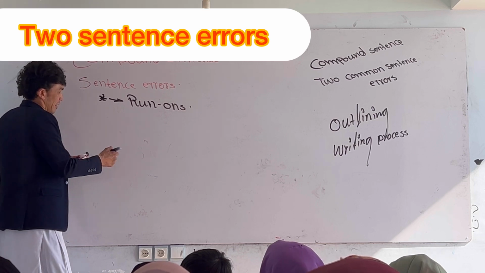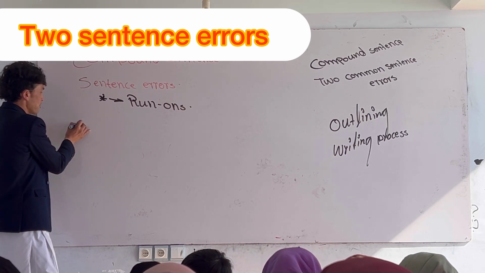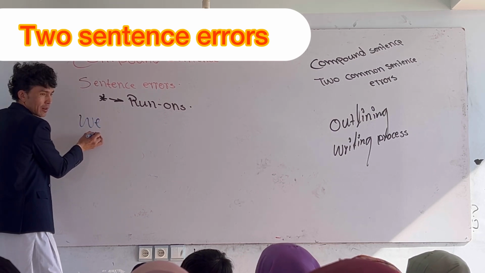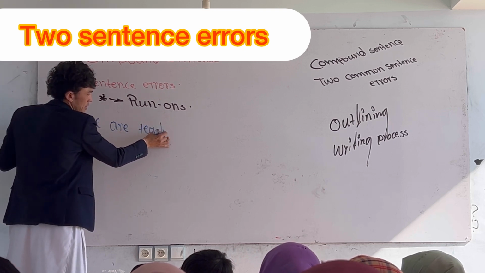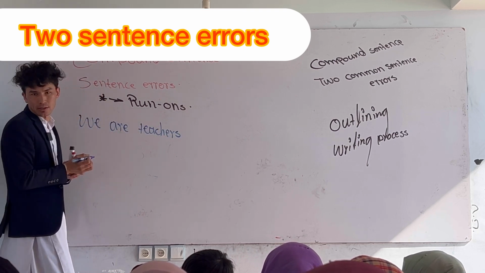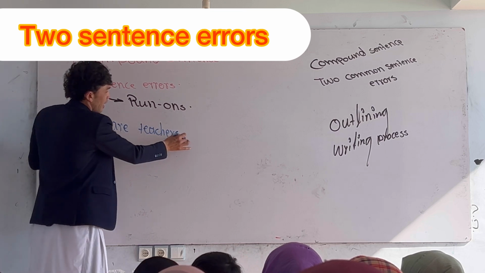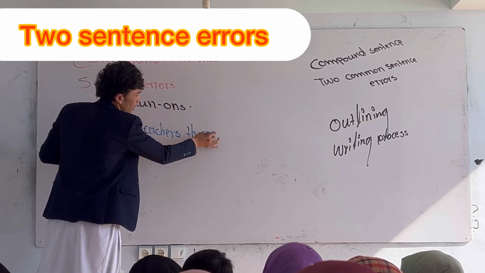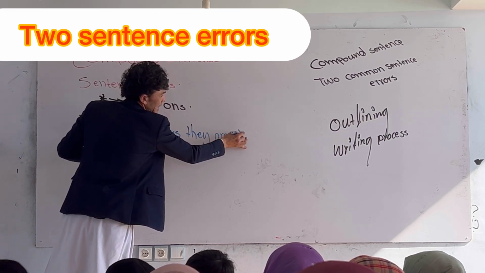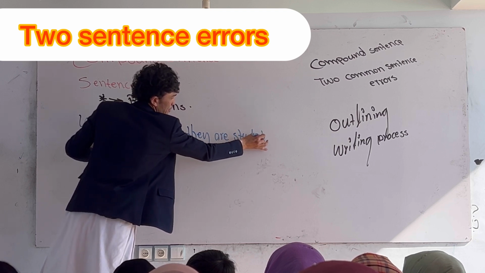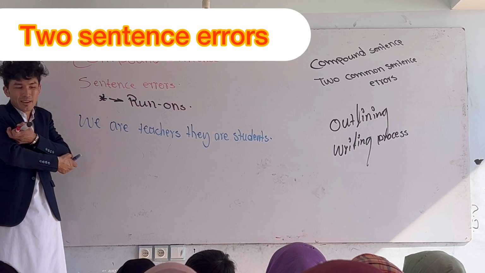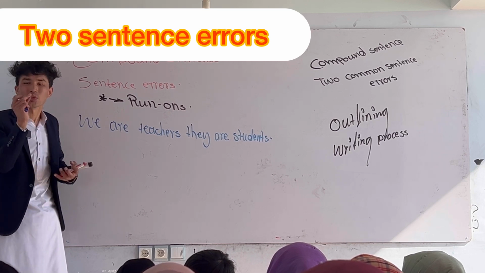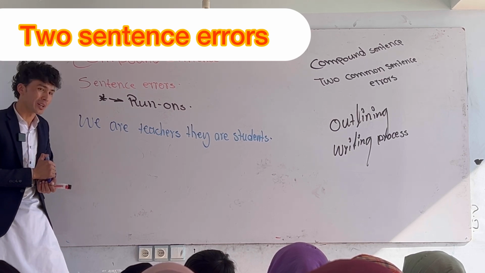How? For example, we are teachers. We are teachers, right? They are students. Now the students make this mistake, joining two sentences and not using either a comma or a conjunction.